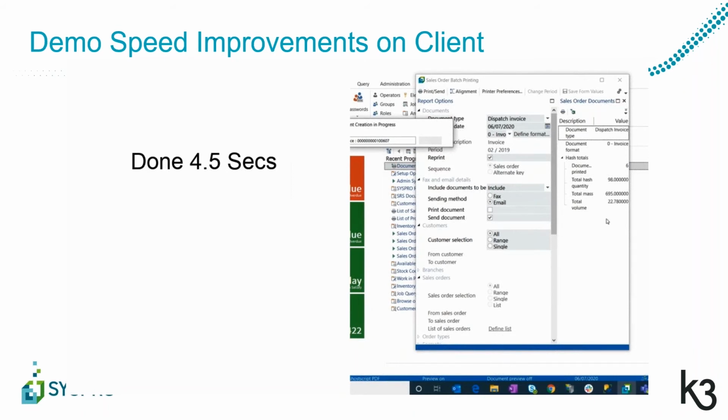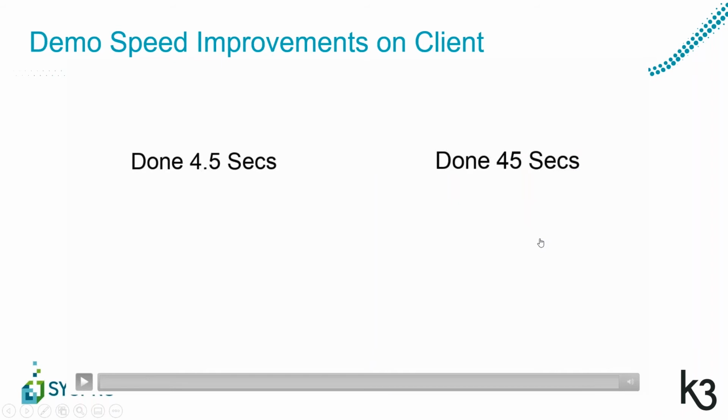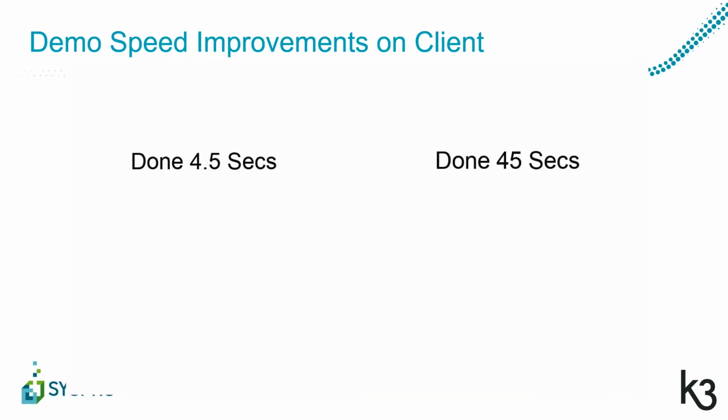So it takes a lot longer because all the processing is happening on the client, whereas server side, in the background, the client's free to go off and do what they want, but in the background, it's sending or printing the invoice. So it might actually take the same amount of time to print, but in terms of the client speed, the performance is pretty huge. So you can see, you're talking a whole 90% improvement in terms of the client.